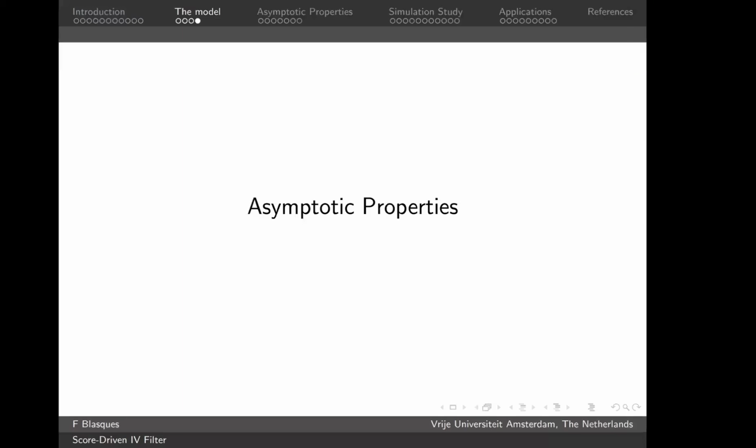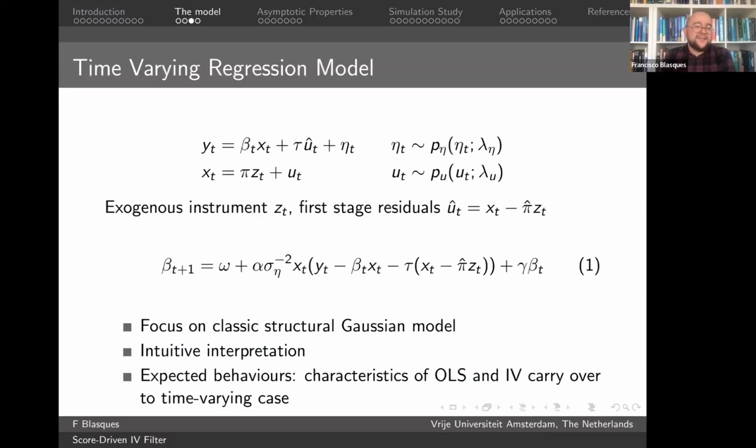I have a question. Can you vary pi in the reduced form equation? That's a very good question. I'm pretty sure you can. There are for sure various extensions to consider, with the pi also being time varying.